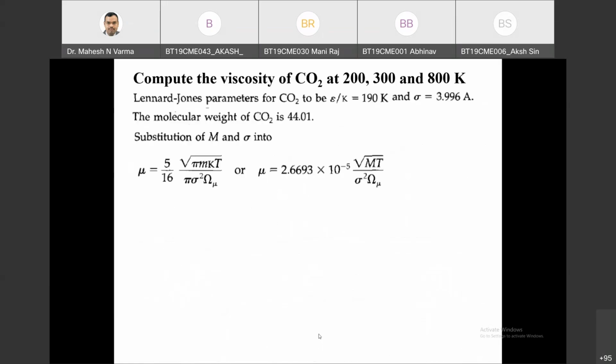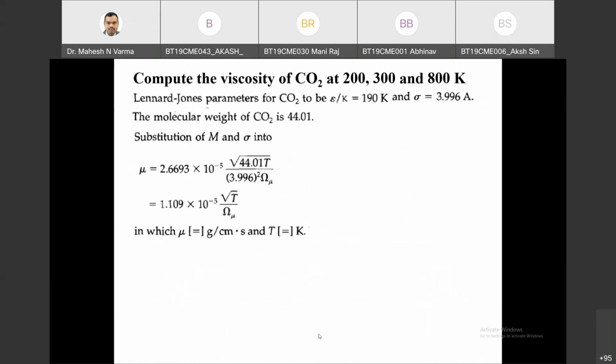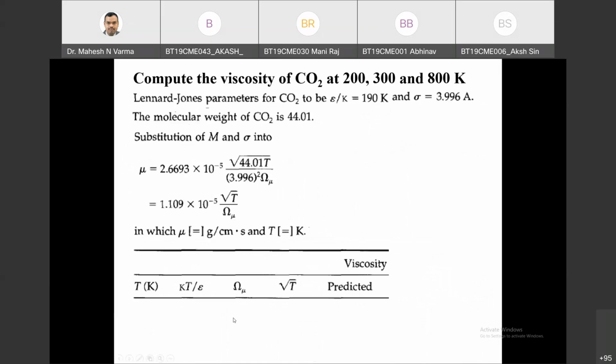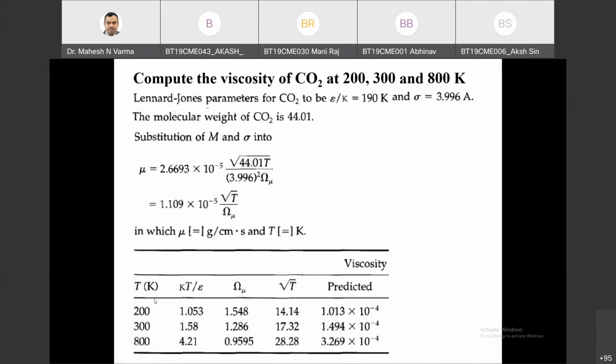How to get this value? Just check whether you are getting it. This is for 200 Kelvin, in tabular form, so you just match up all this data at 200 Kelvin. This is kT by epsilon, 1.053, and this is the collision integral.